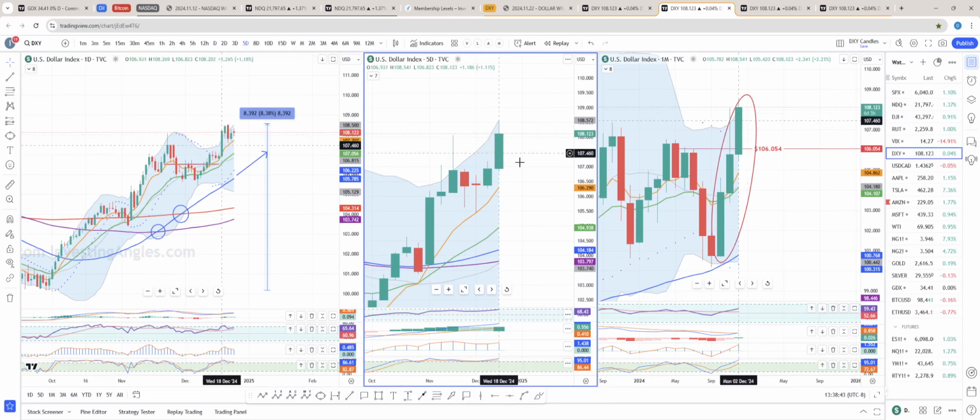Speaking about the 5-day frame, which closed just yesterday, it's totally bullish, and expectations to go higher are on the table. So we are not seeing any reversal move at this moment.